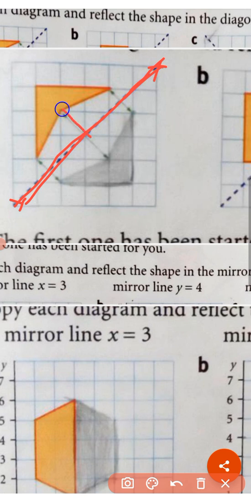So first find the distance. This is diagonally 1 unit, 1 unit. Here it is half of a diagonal, half of a diagonal. So you should mark like this. Half, half. Then find this point, 1, 2.